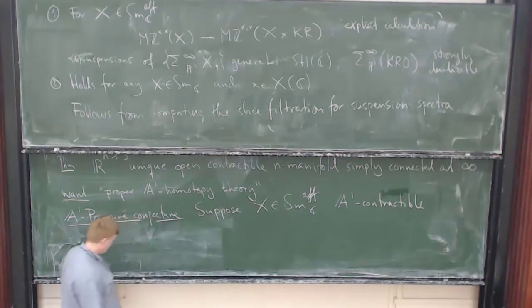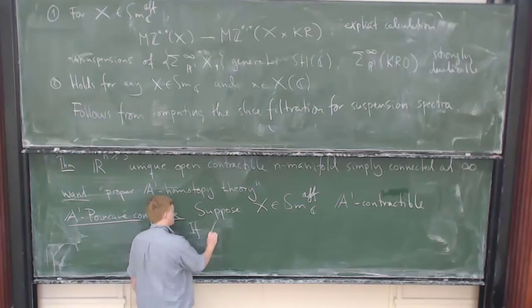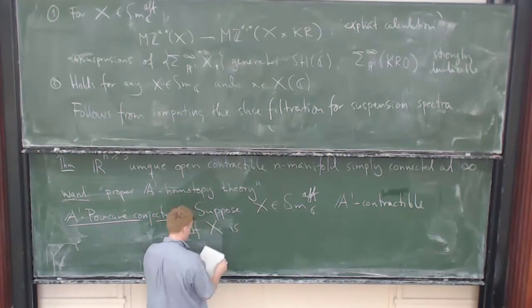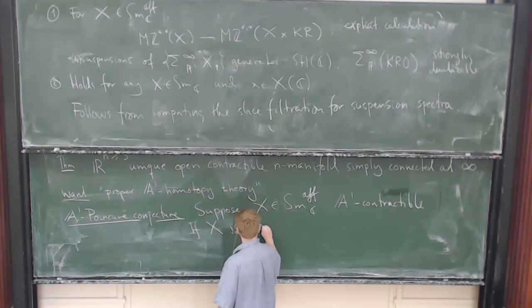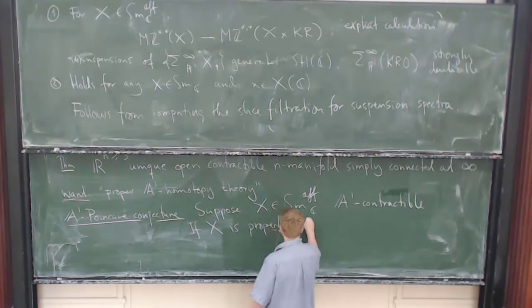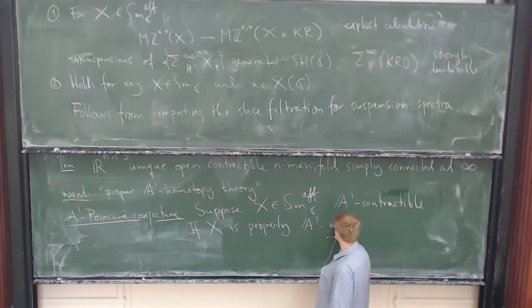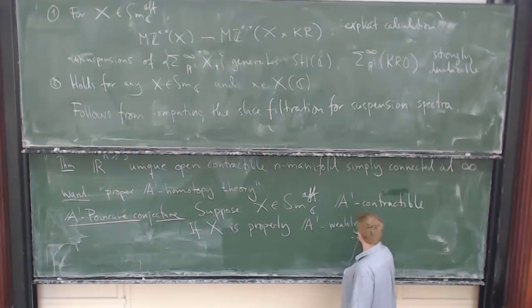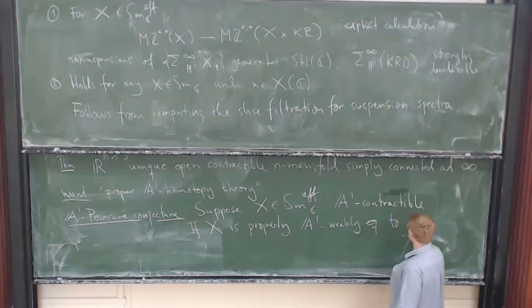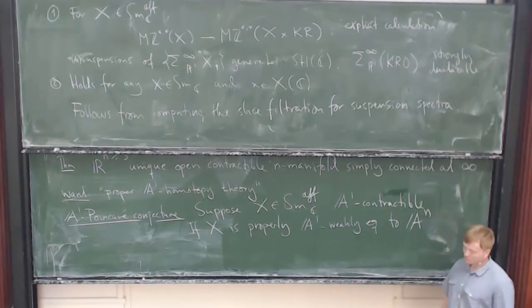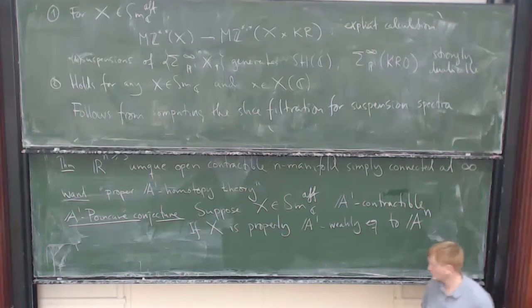So if X is properly A1 weakly equivalent to some affine space A^n, well then X is really A^n.